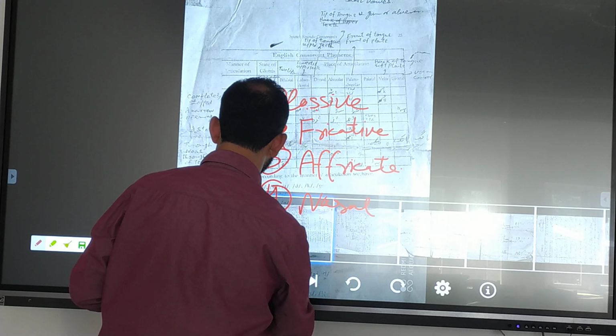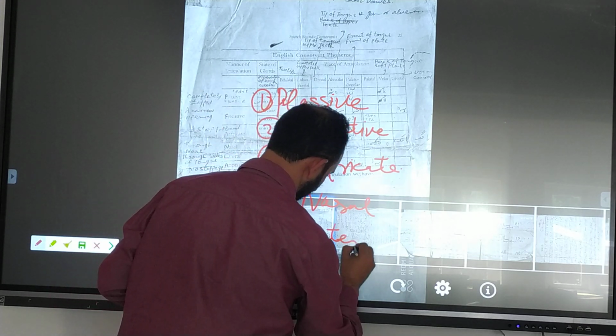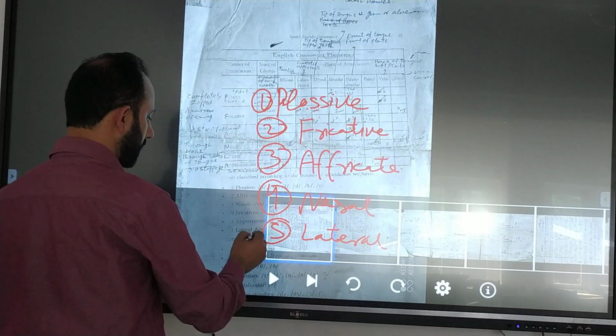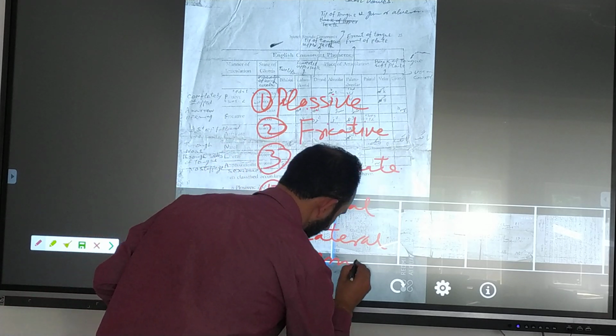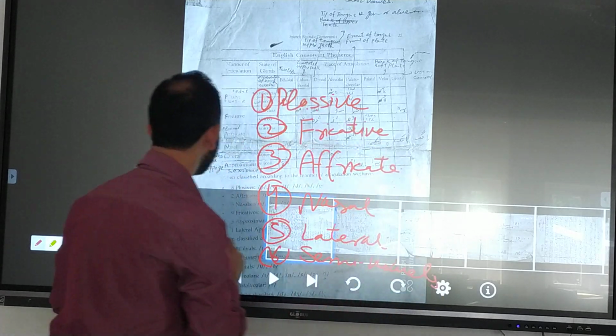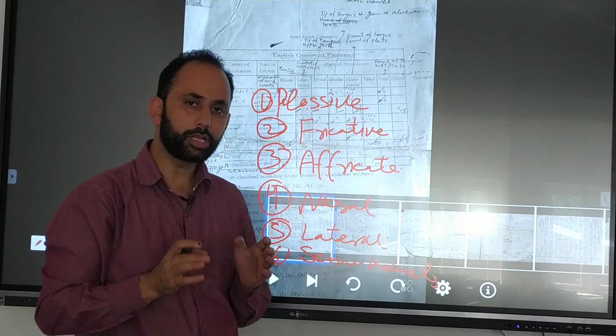Number fifth, lateral. And number sixth, semivowels. Semivowels are also called approximants. Why are they called semivowels?